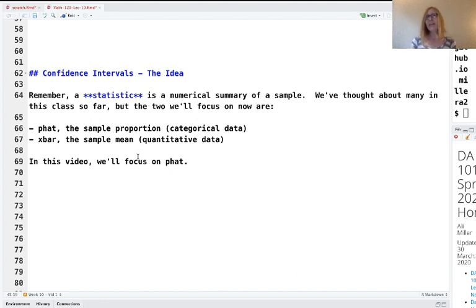On the other hand, if we're thinking about quantitative data, then we want to talk about an average, in other words, x bar. In this video, we're going to do p hat, but we'll do both. Next time I'm going to do x bar. And for the rest of the semester, we'll bounce back and forth between these two different types of statistics that we want to think about and analyze.